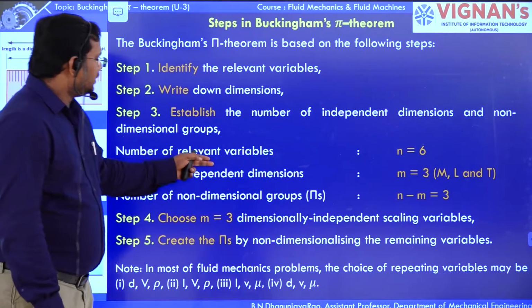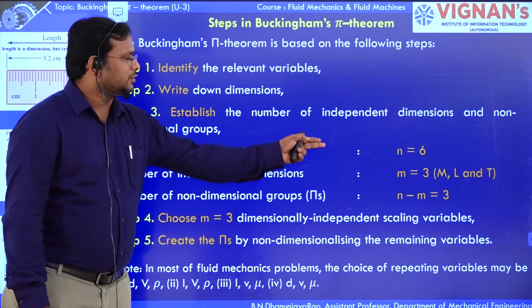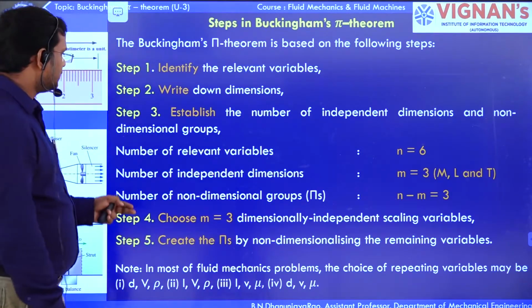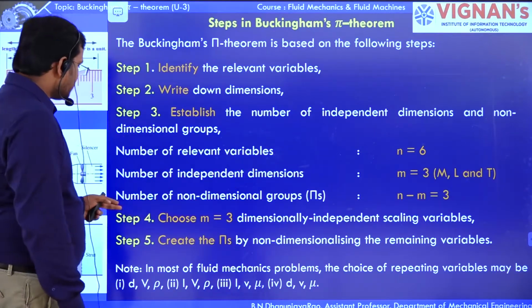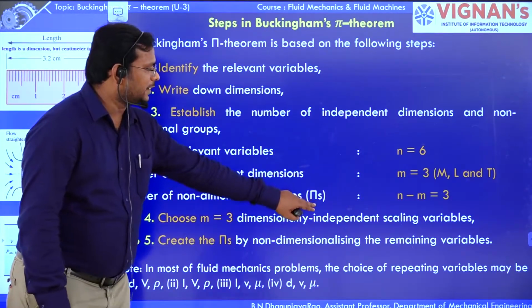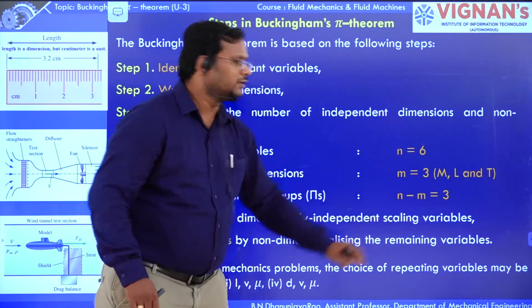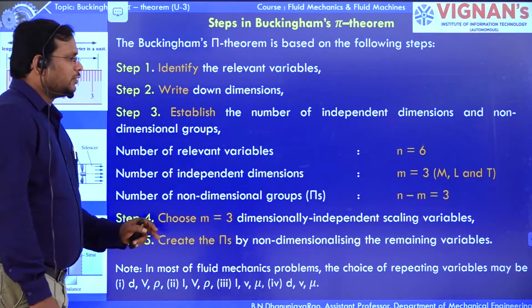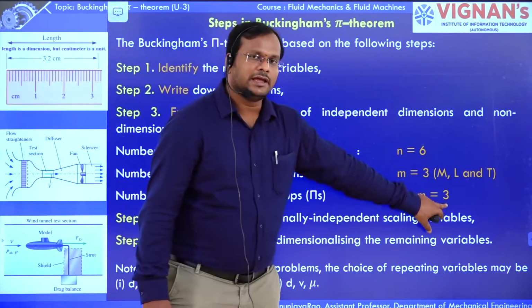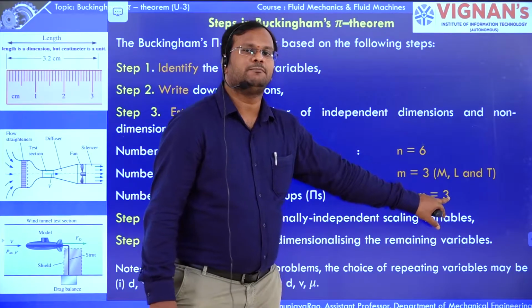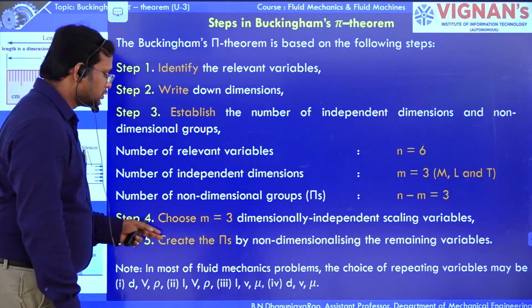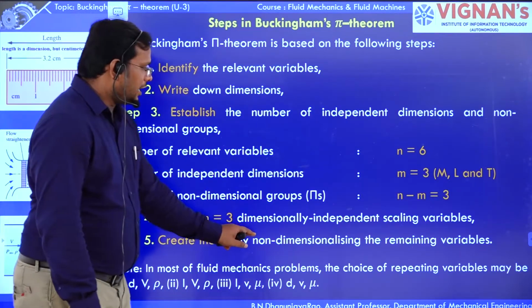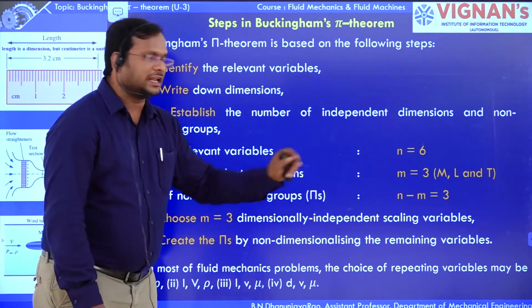Number of relevant variables n is equal to 6. Number of independent dimensions m is equal to 3. Number of non-dimensional groups, pi terms, n minus m is equal to 3. So we can form 3 dimensionless groups, pi 1, pi 2, pi 3. In step 4, choose m is equal to 3 and form dimensionally independent scaling variables.